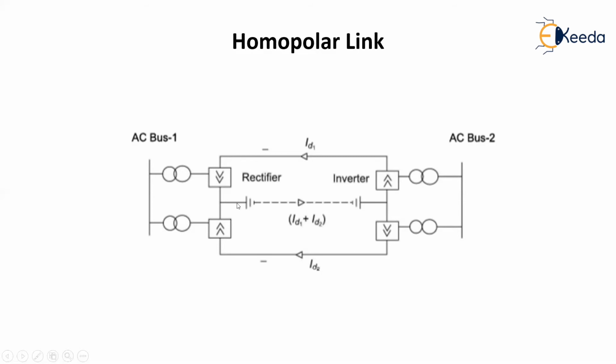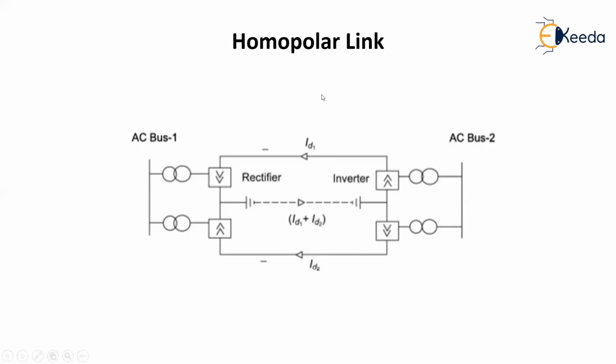As discussed in the previous slide, if there is any fault or issue with this converter station or with this converter station, this complete setup will not work. So this conductor will allow the current flow with ground as the return conductor. Again, the homopolar link will act as a monopolar link. That is the advantage of the homopolar link.